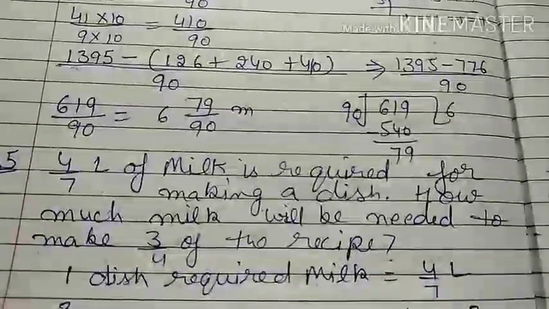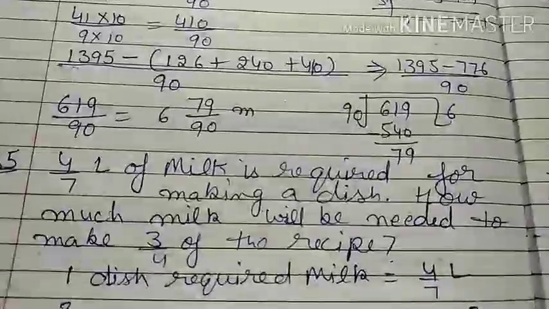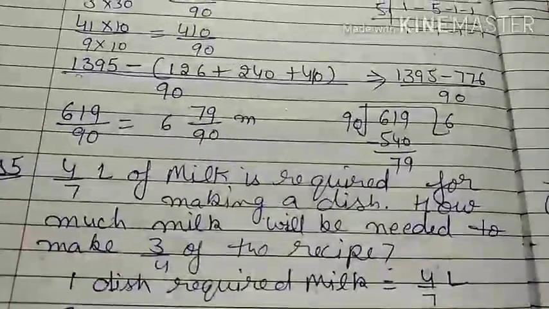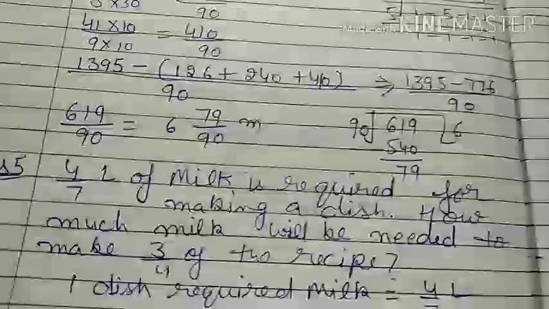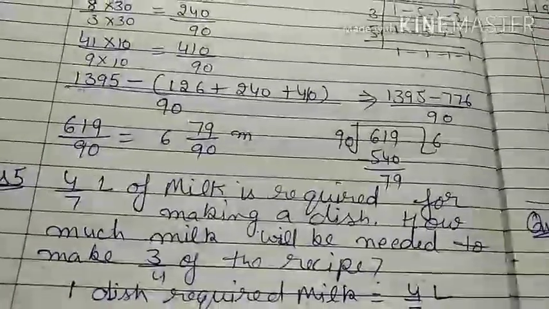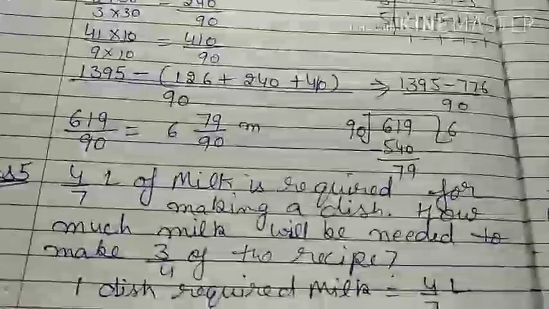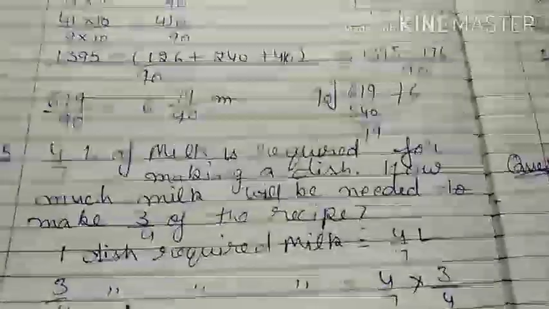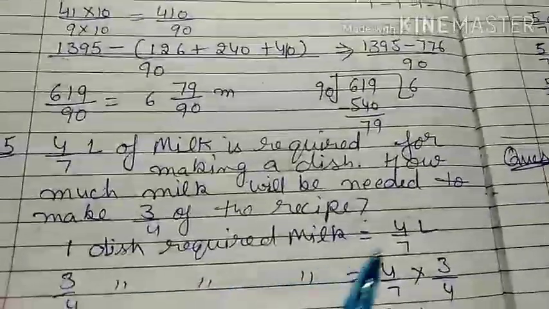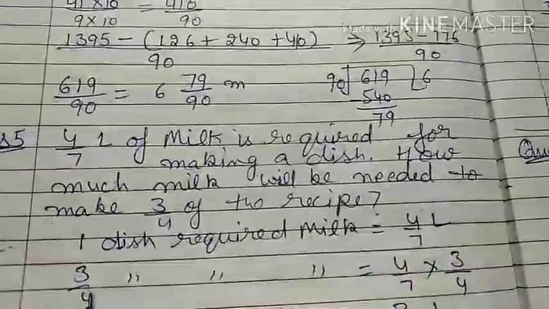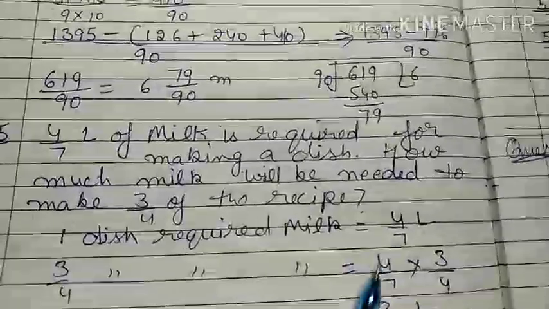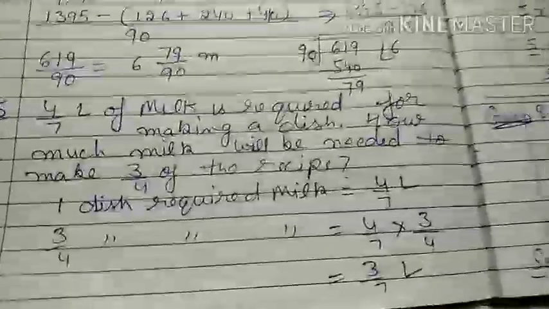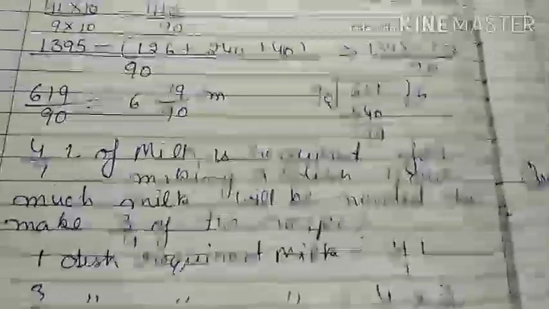You are not going to cook the full recipe, only 3/4 of it. In that case, if one recipe requires 4/7 liter of milk, for 3/4 of the recipe you multiply 4/7 into 3/4, and that gives you the required milk.